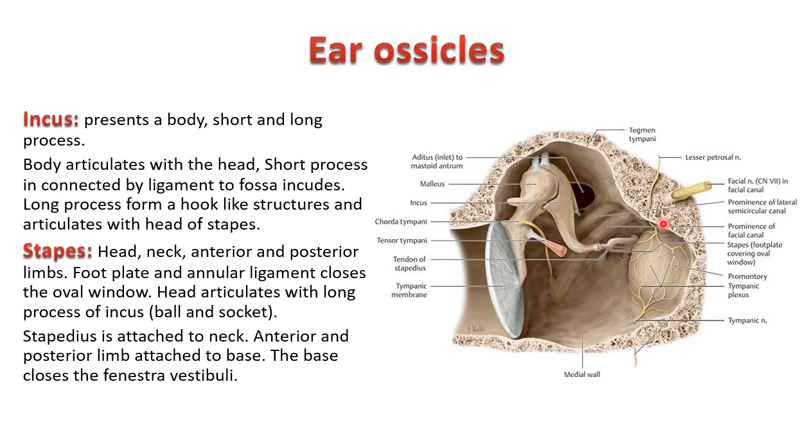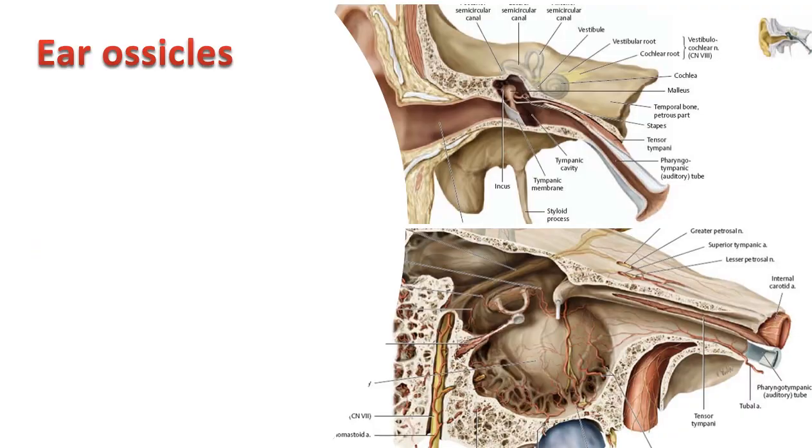When this part is compressing the perilymph, the compressed perilymph pressure is released mainly through the secondary tympanic membrane. So that is how conduction takes place. Mainly this is called the conduction through the ear ossicles.